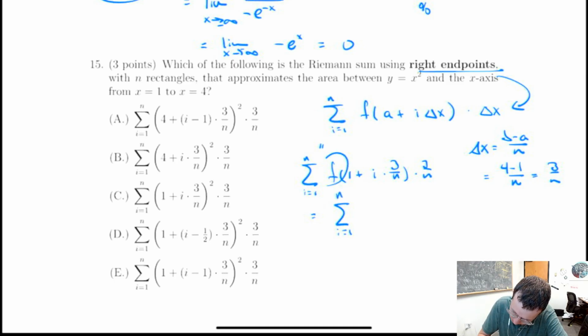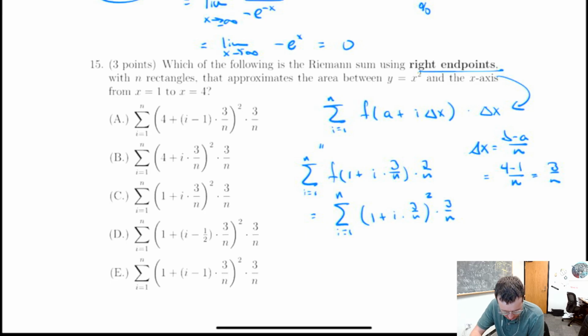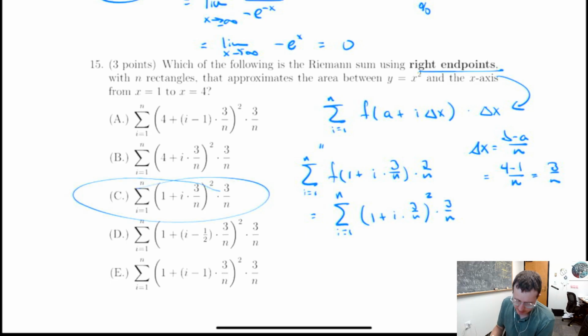And then we should evaluate the function. The function is f of x equals x squared. So we get the sum of 1 plus i times 3 over n, squared, times 3 over n, which is option C.